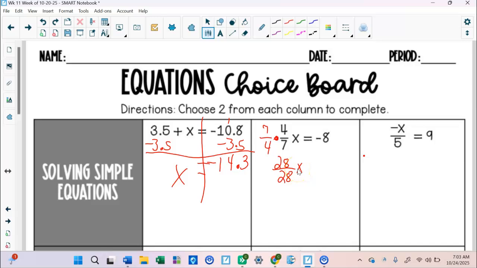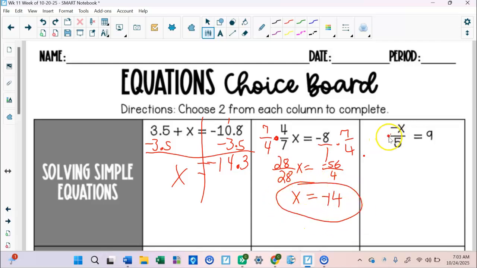So you can see that gets 1x, and then it can go back to being invisible. So if I multiply this side by 7/4, I'm going to multiply this side by 7/4. I got negative 56 over 4. And I know personally that's negative 14.